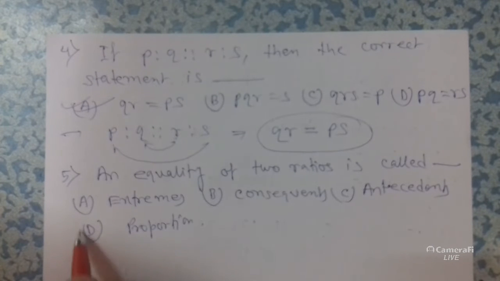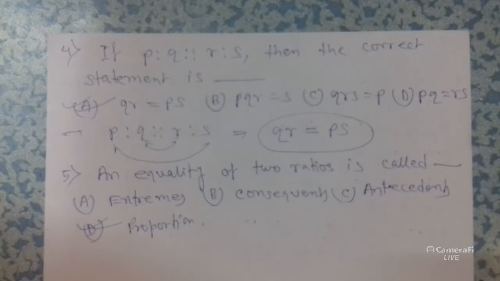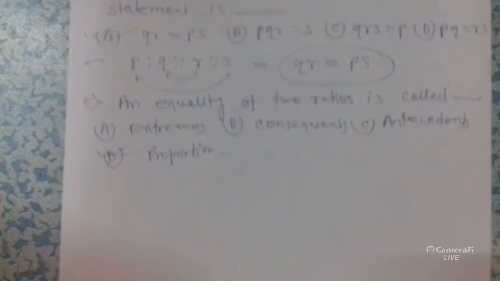So this option is correct, proportion. An equality of two ratios is called proportion.